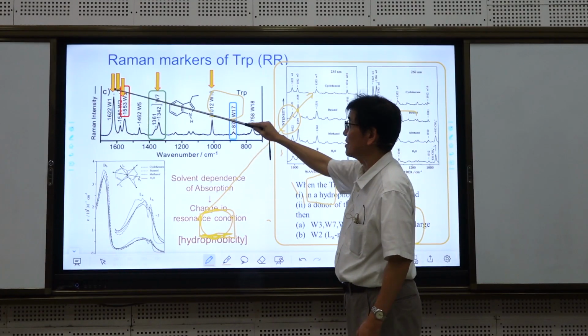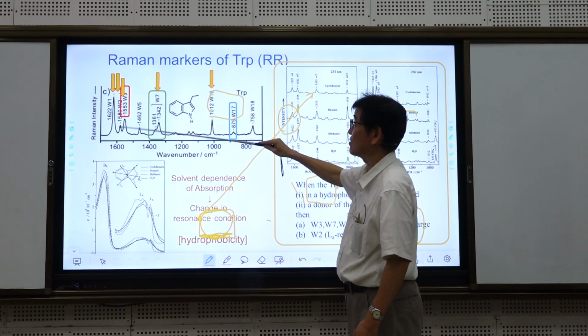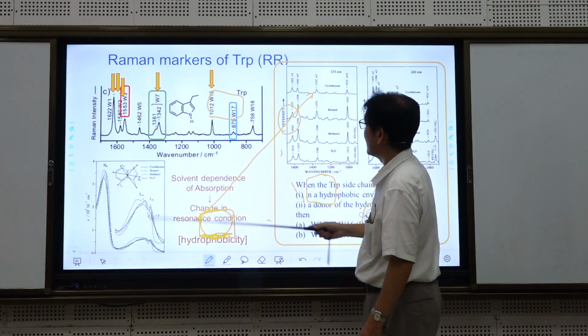So here is a typical resonance Raman spectrum of tryptophan.